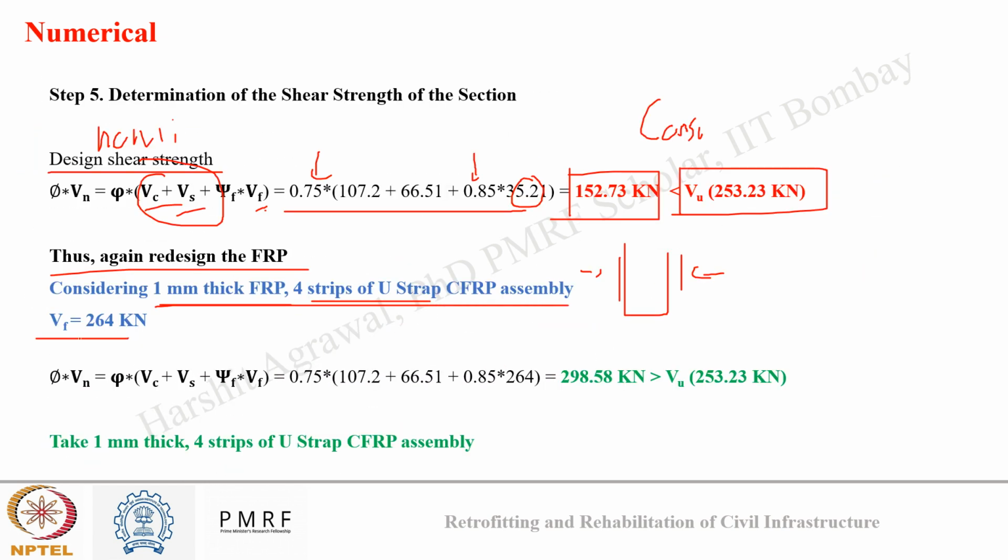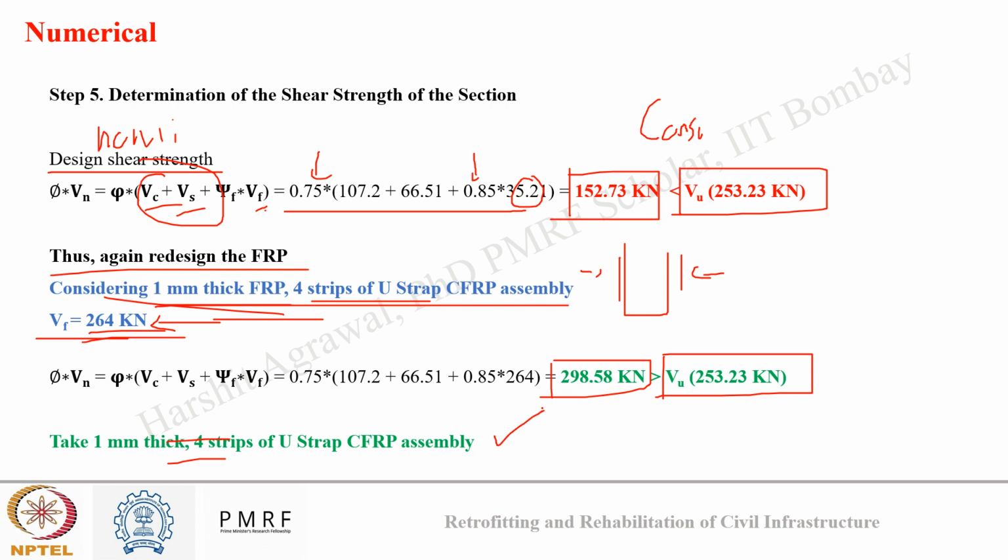Now my Vf will come out to be 264 kilonewton. With this Vf, if I calculate the design shear strength again, it will come out to be 298.58 kilonewton, which is greater than Vu, what I needed to resist. So these choices are enough for FRP retrofitting for shear design, and this I will finalize.